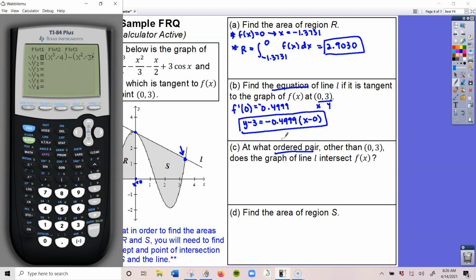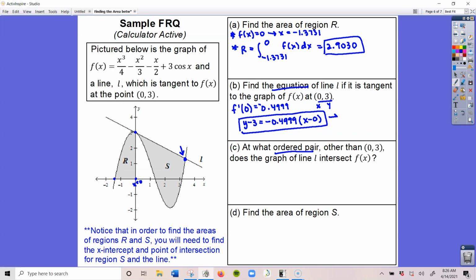Now, when you're writing the equation of a line into the calculator, you can't put y minus 3, because as you can see here, it's just y. So what we would have to do to plug in the equation of the line into the calculator is isolate the y, meaning just add the 3 over.